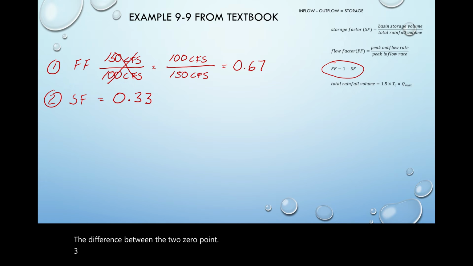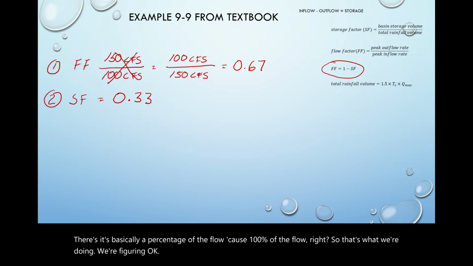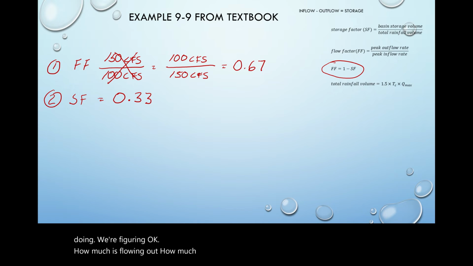Okay, so remember, it's basically a percentage of the flow, because 100% of the flow, right? So that's what we're doing. We're figuring, okay, how much is flowing out, how much is being stored. So we got to store 33% of that flow.